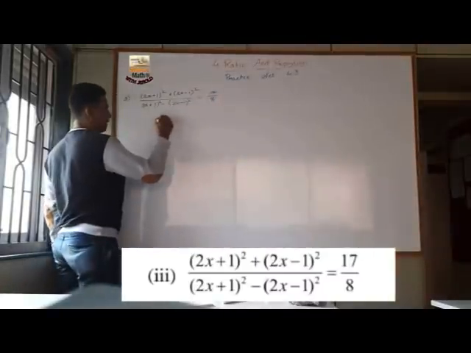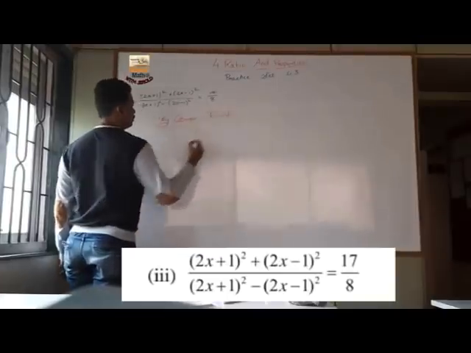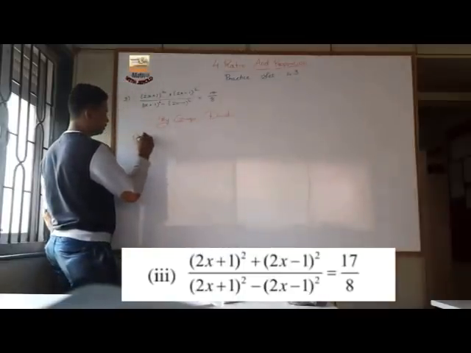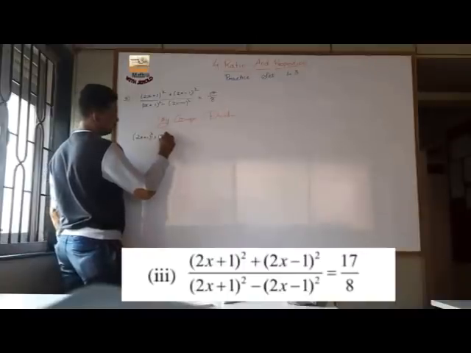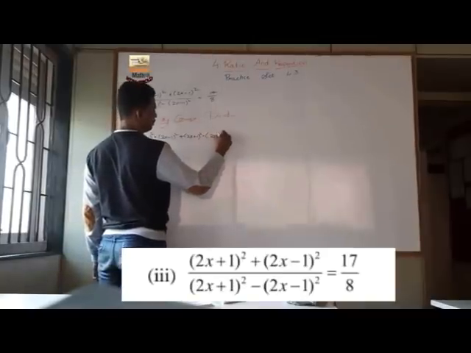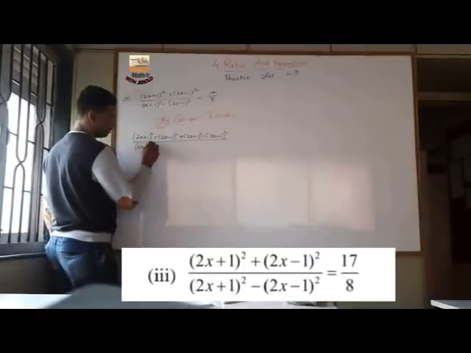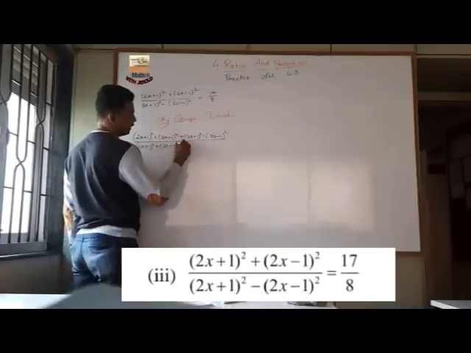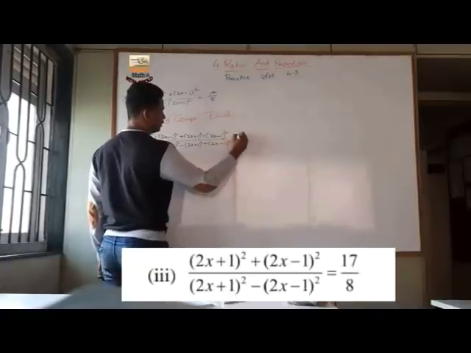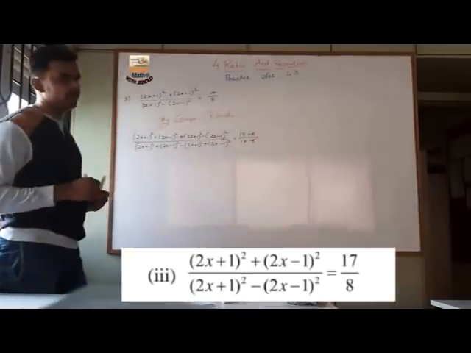So by componendo dividendo, I have (2x plus 1) squared plus (2x minus 1) squared plus (2x plus 1) squared minus (2x minus 1) squared, divided by (2x plus 1) squared plus (2x minus 1) squared minus (2x plus 1) squared plus (2x minus 1) squared, is equal to 17 plus 8 and 17 minus 8. This is what we have.